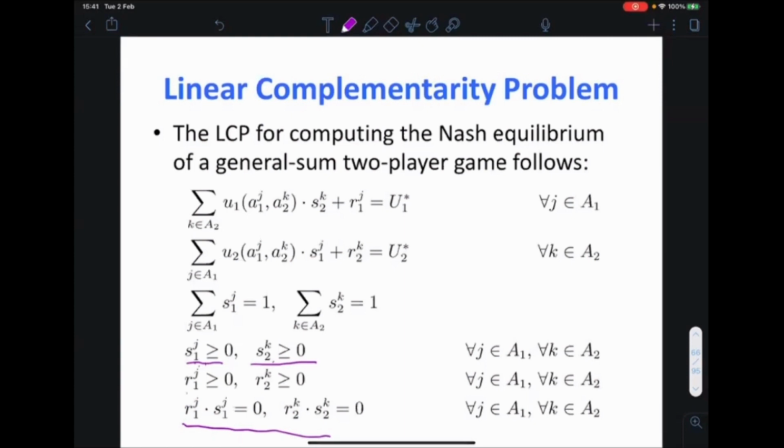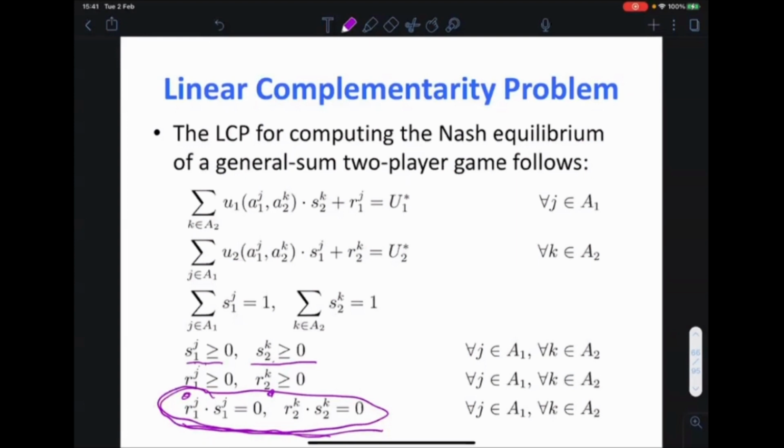Then we also introduce the slack variable, as we explained before, right? We want the slack variable to be larger than or equal to 0. This is an additional constraint we are adding. This is quite similar to the strong duality condition that we specified. We need one of them to be 0, as we discussed last time.